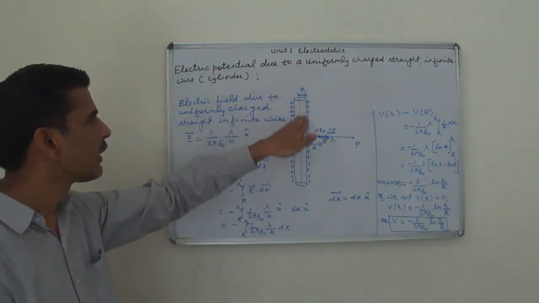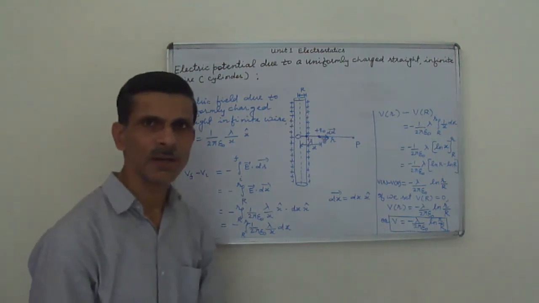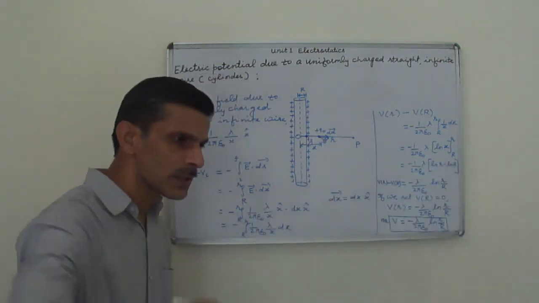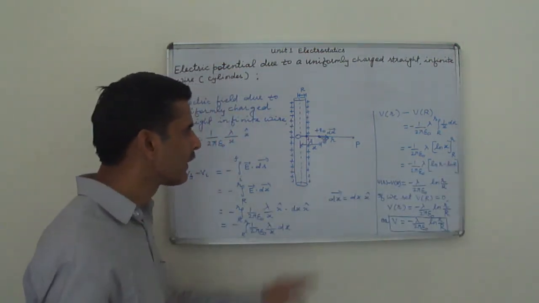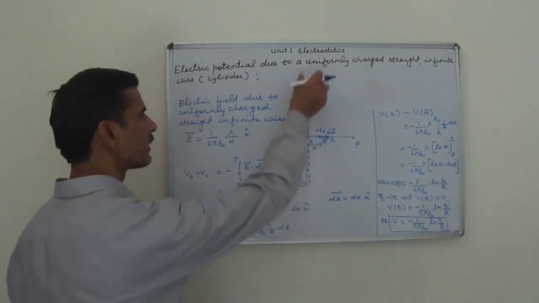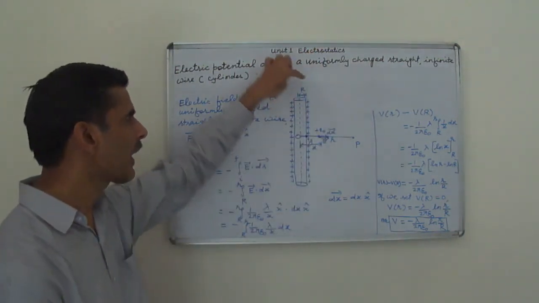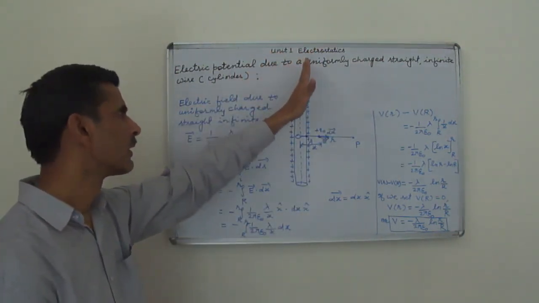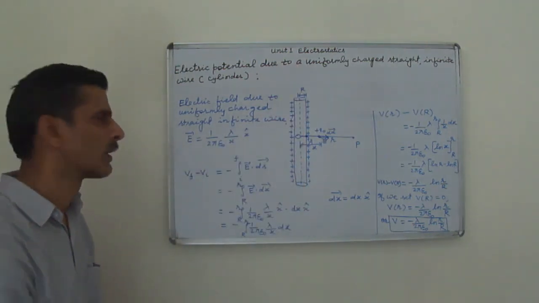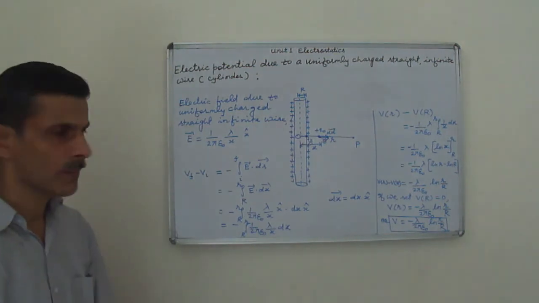So for a uniformly charged straight infinite wire or cylinder, equipotentials are coaxial cylinders with the axis of the wire.